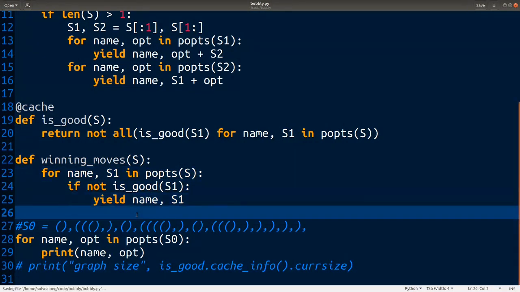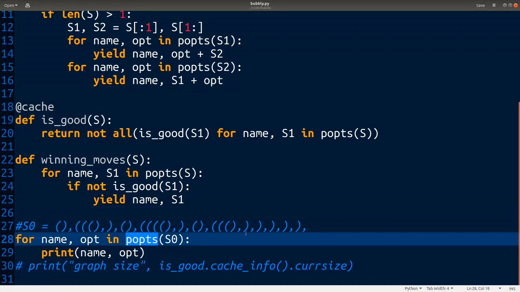All right, great. So now we can call winning moves, and we should get the same thing. We should get the name out as well as the resulting state.